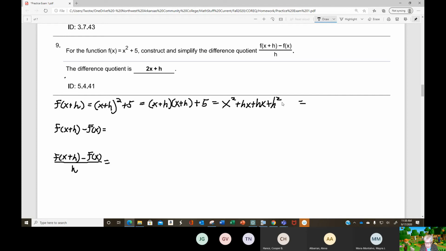Okay, plus 5, and that's going to equal x squared plus 2hx plus h squared plus 5.